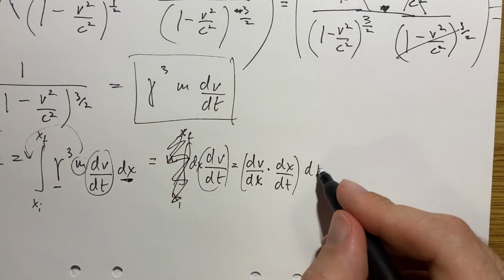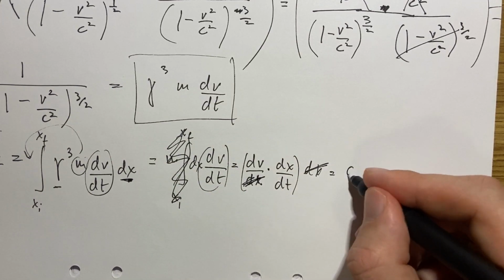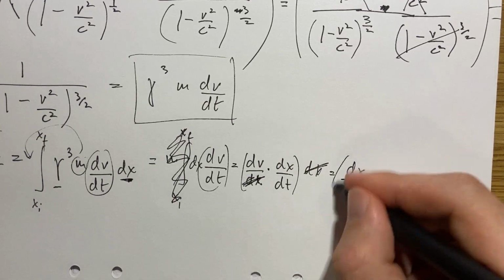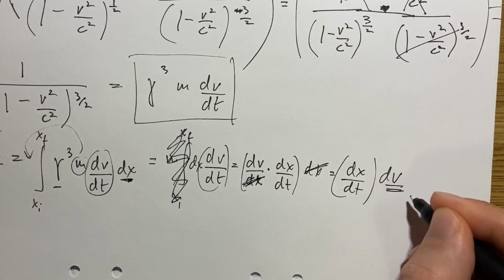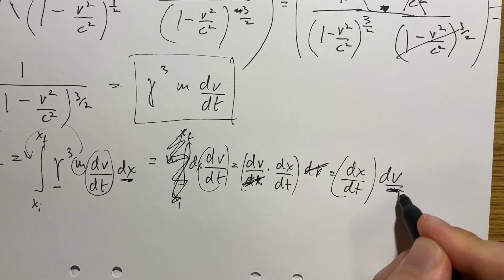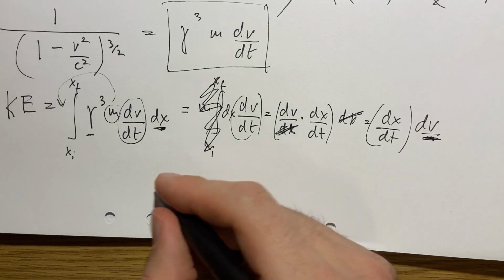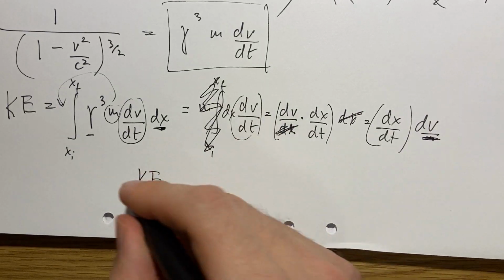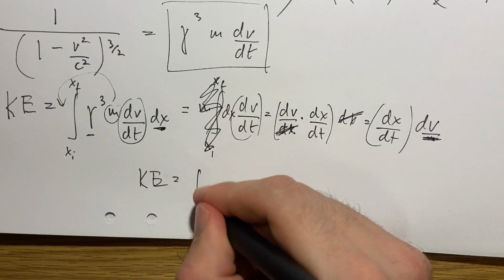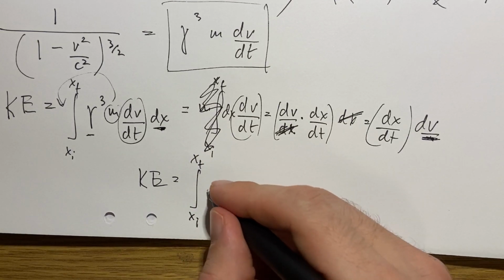So what can we do with this one? Well, they cancel out right there, right? So what we'll end up with is dt dv. So now we can integrate with respect to v. That's just great.